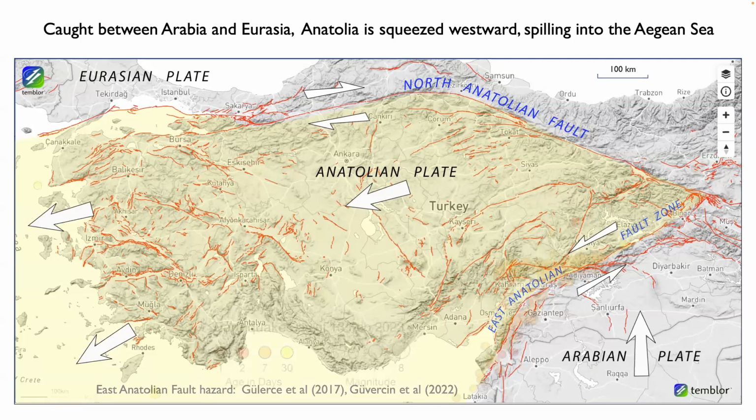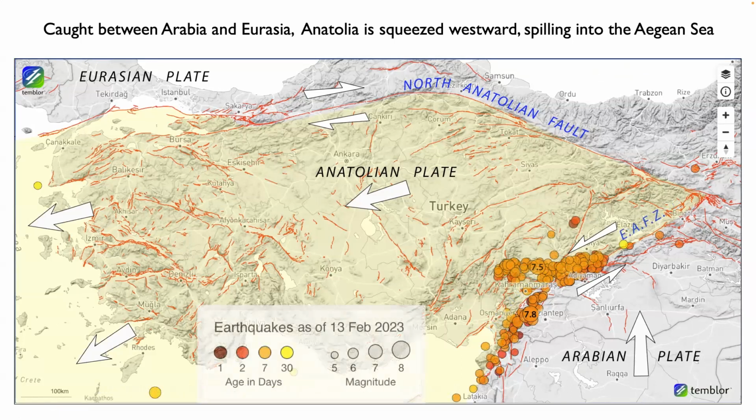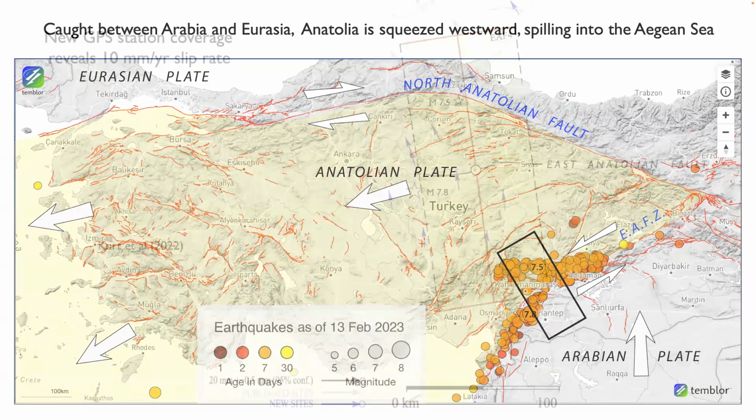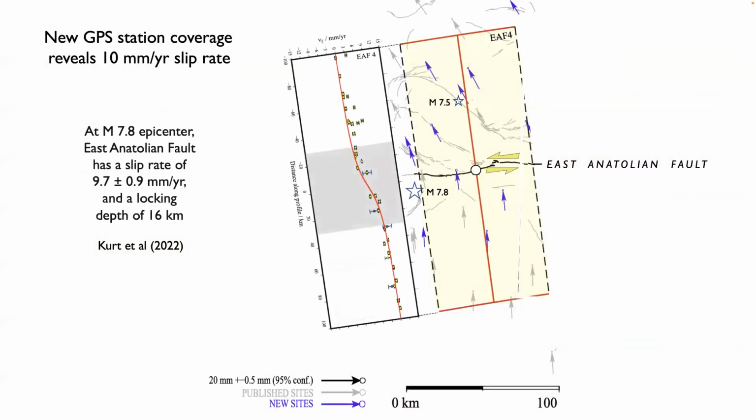And you can see that these earthquakes have more or less occupied about half of the total East Anatolian fault zone. How fast is the fault moving? If we look at a box like this, which more or less captures where these two earthquakes were, and look at the GPS displacements in those boxes, and just draw those displacement values, you can see you can fit it with a sigmoid.